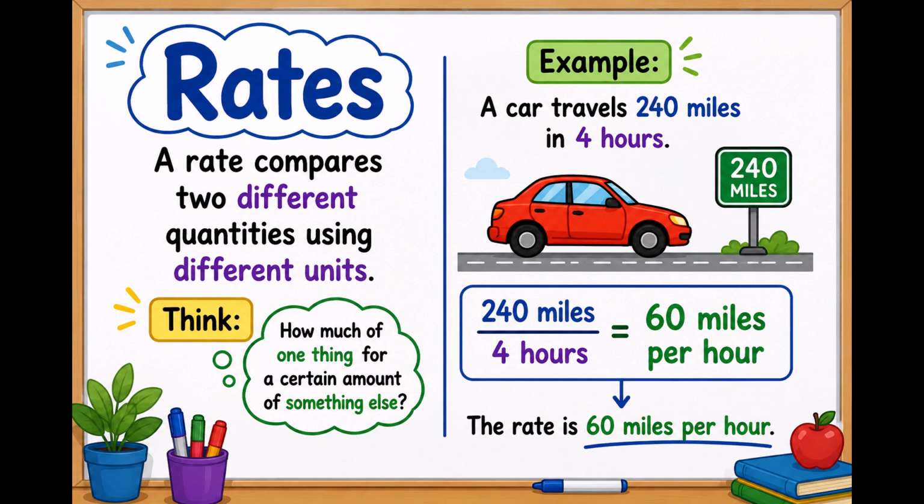The words per hour means for every 1 hour. So just quickly again, the question was how many miles does the car travel in 1 hour? We had 240. We divided it by 4, and we received our answer. It traveled 60 miles per hour. Excellent job.